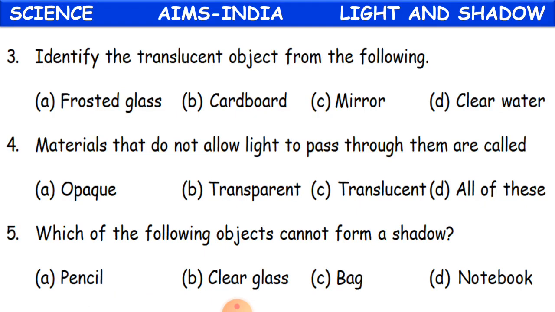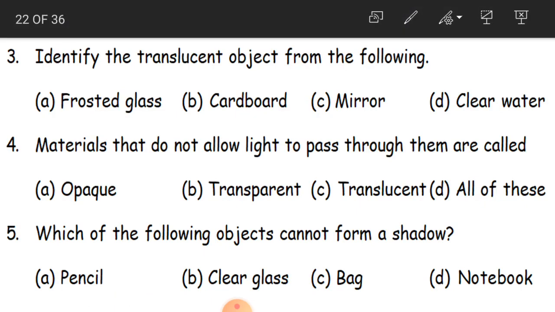And the next question, children. Identify the translucent object from the following. Is it frosted glass, cardboard, mirror or clear water? What is a translucent object, children? Where the light is allowed to pass partially.